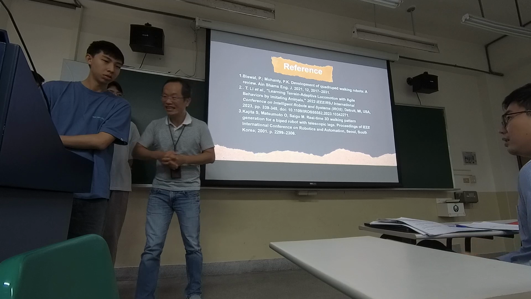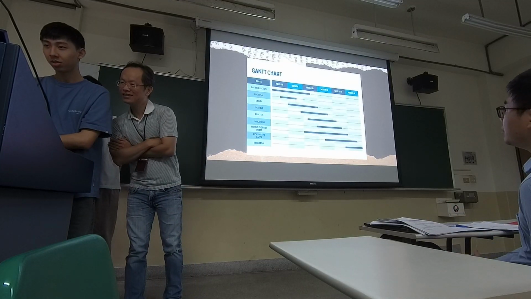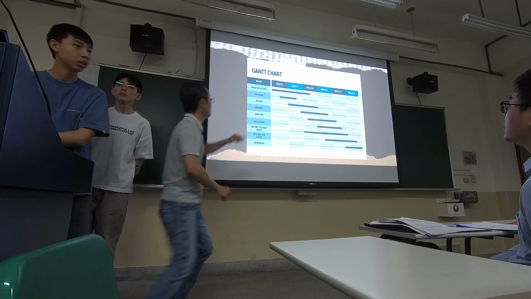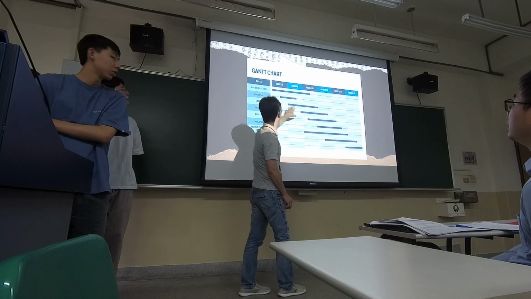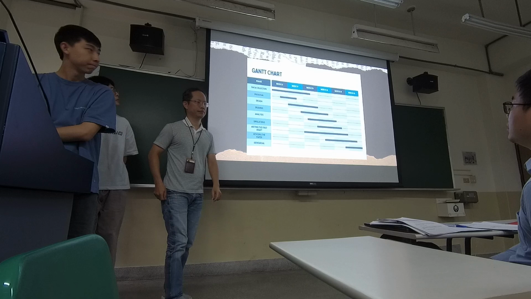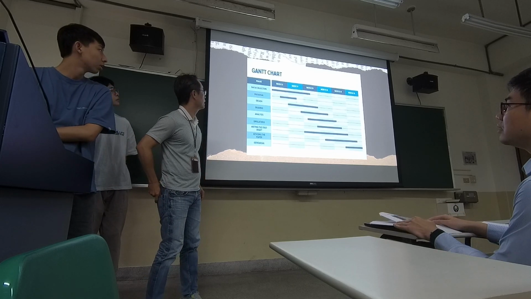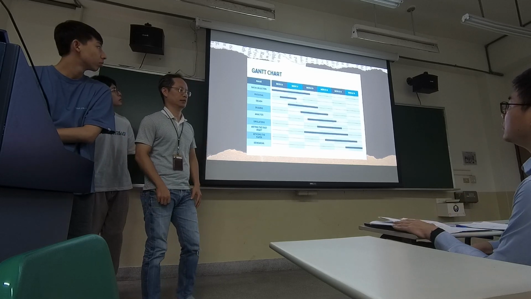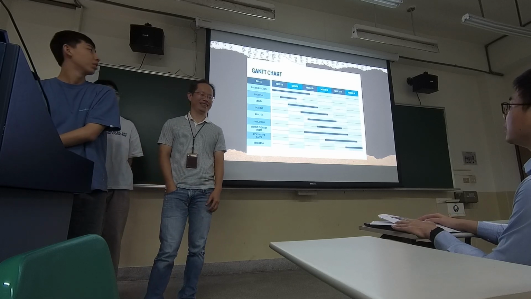Because I didn't see any of your design right now, so now we're at 4 weeks. This is for 2 weeks. Oh, okay, 4 weeks. So right now, what week? Now we are at week 7. Week 7. So you have 3 weeks left to come out with the design.